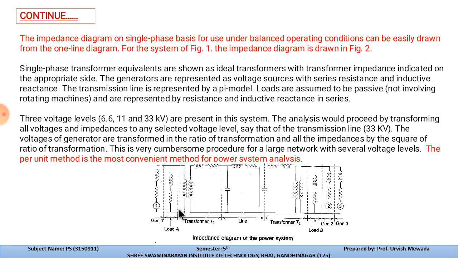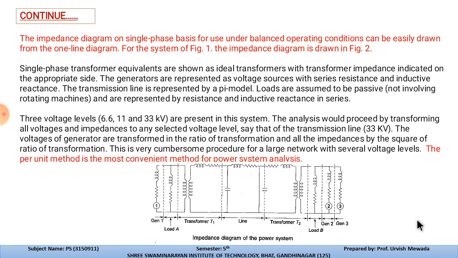The per unit system is the most convenient method for power system analysis. So before we perform the per unit system calculation, we need to convert the single line diagram to the impedance diagram of the respective network.